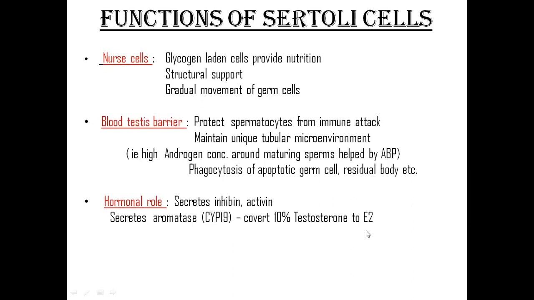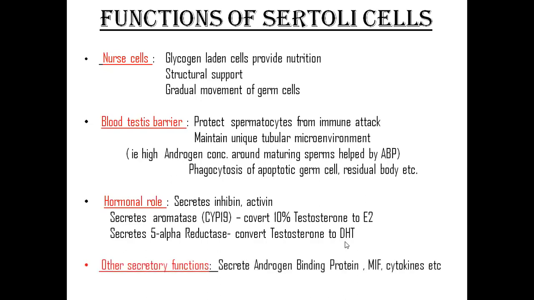And this is very important for the bony growth, for the maturation and brain development, and so on and so forth. Then comes the secretion of 5-alpha reductase. This 5-alpha reductase enzyme is also present in the Sertoli cells, which converts testosterone into dihydrotestosterone. And we know that this is very important also for the secondary sexual characteristics to develop.